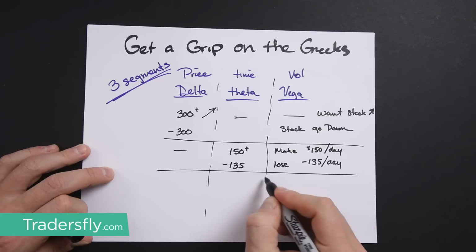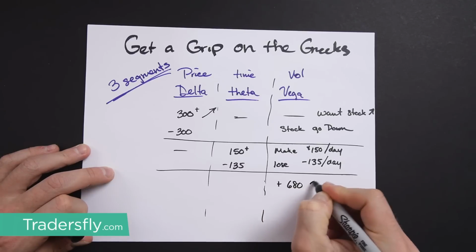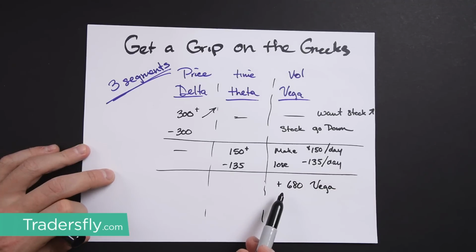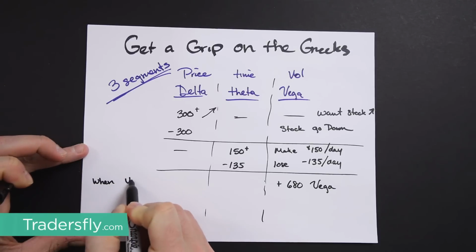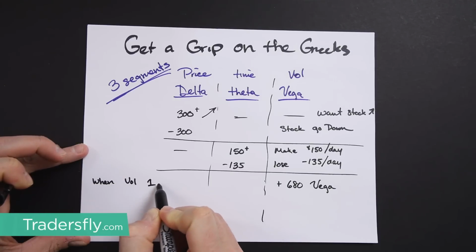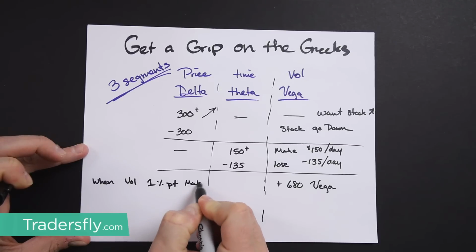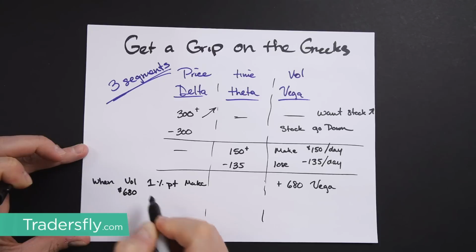Well, let's look at vega. Let's say I'm positive 680 vega. That means when volatility goes up by 1 percentage point, I make $680.